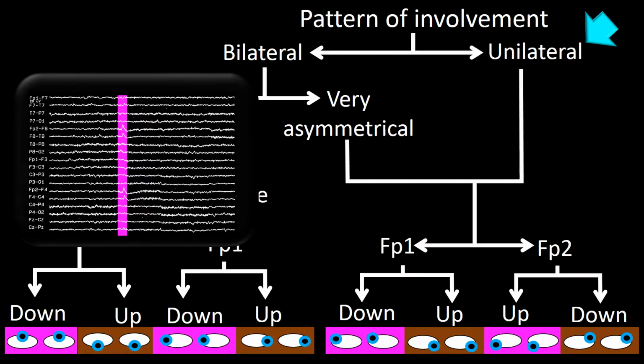As you remember from the previous epoch, the eye movement was unilateral, and it was present at the FP2 derivation. And it was up in that electrode. Therefore, this indicates that the movement was to the right and down.